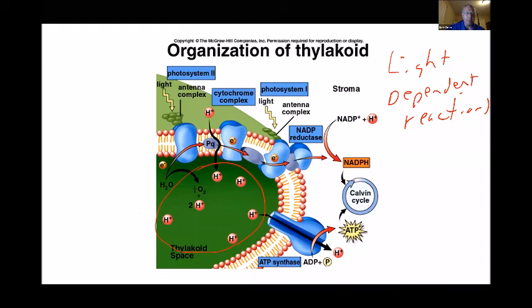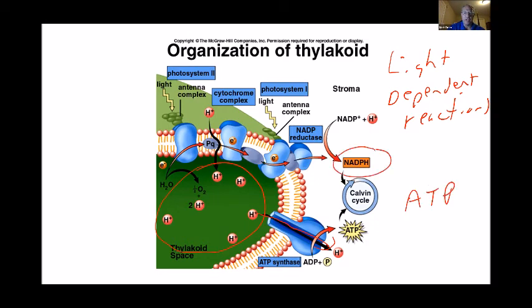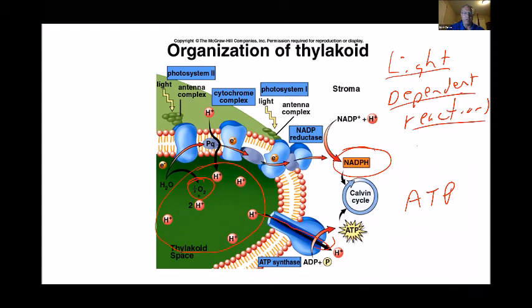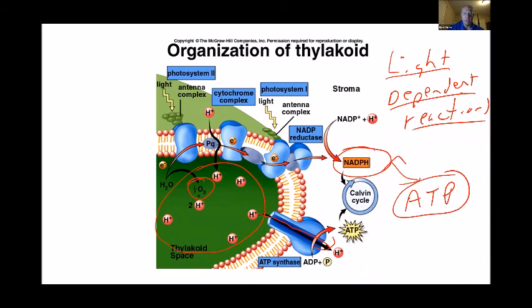And then those protons move out through ATP synthase and provide the energy to make ATP. Also made during this process is another energy storage molecule called NADPH. And this is also where O2 gets made. So the light-dependent reactions make 3 important substances, ATP and NADPH, both forms of stored energy, and then also O2.